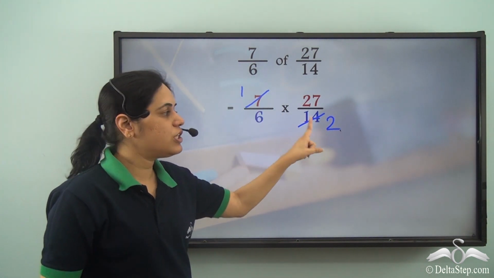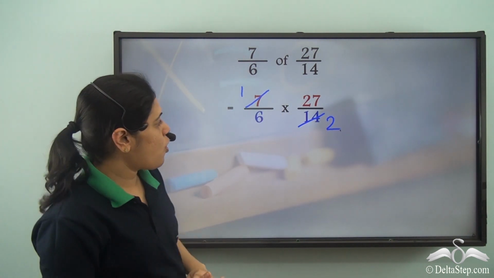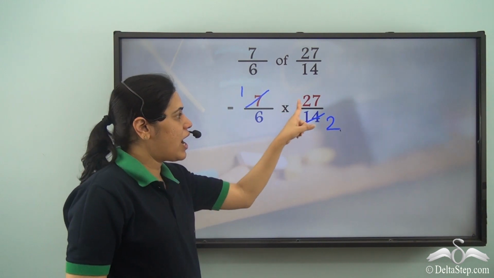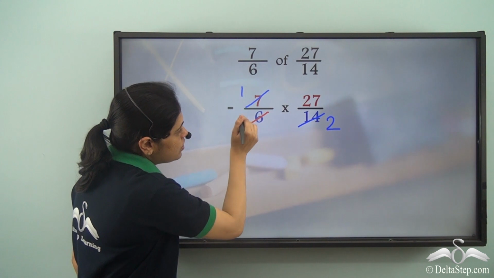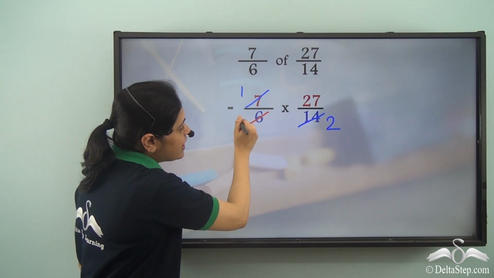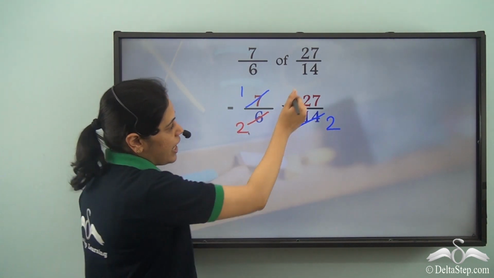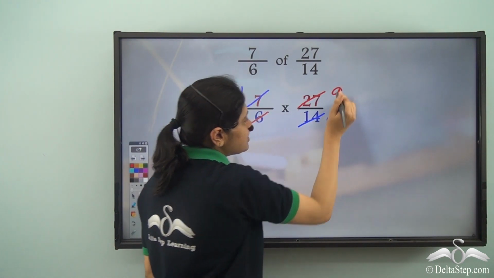So I cancel out these 2 by 7. Also, these 2 are divisible by 3. So I can cancel out 6. 6 divided by 3 is 2 and 27 divided by 3 is 9.